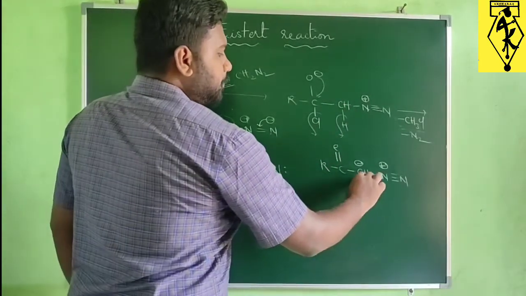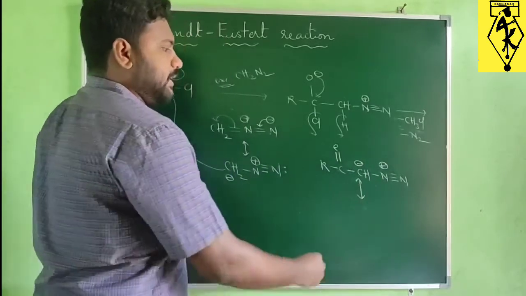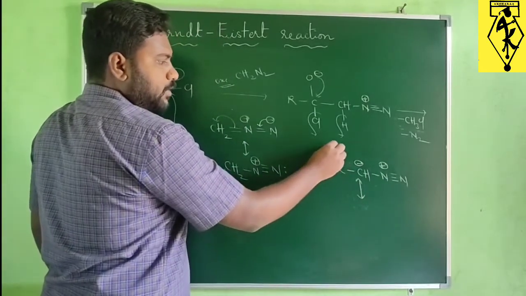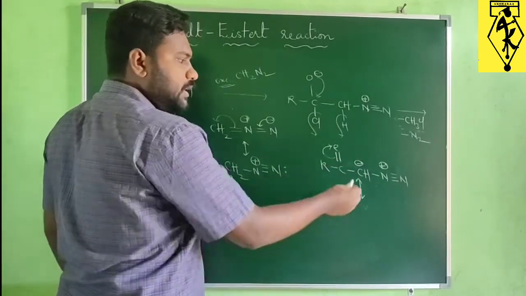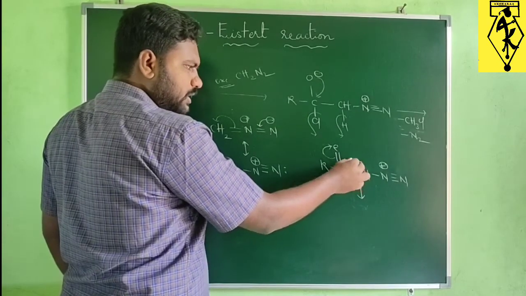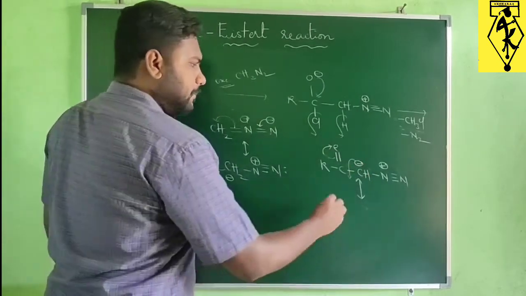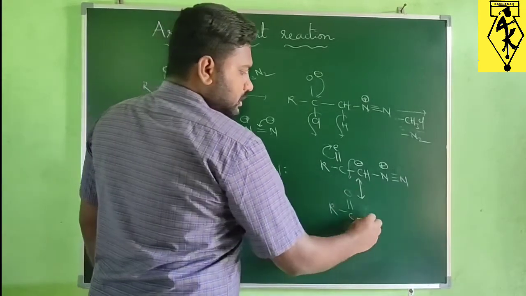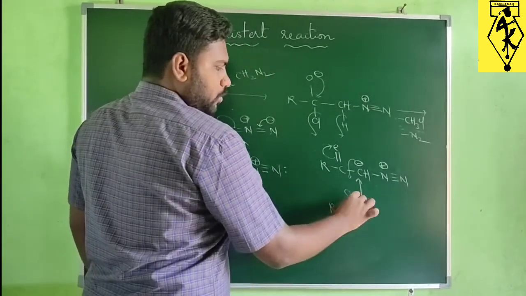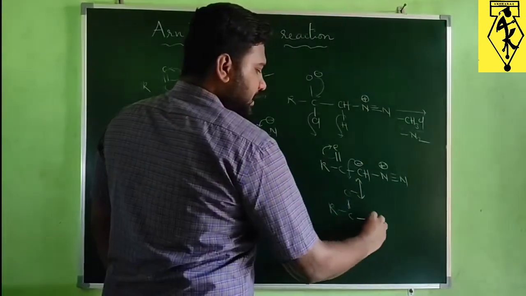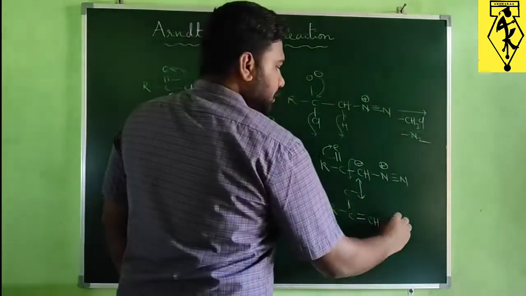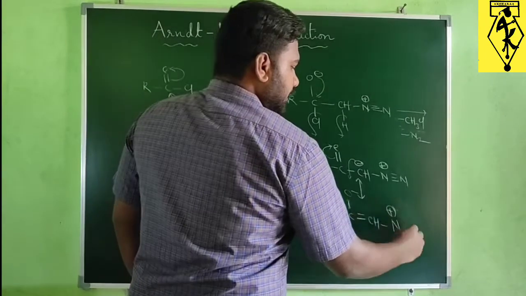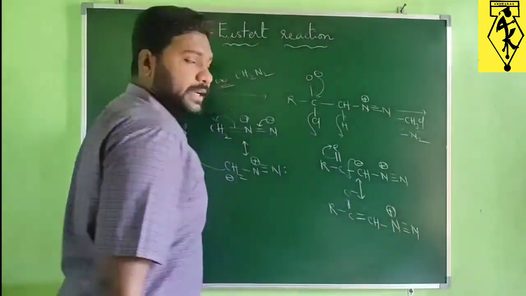In the next step, due to some rearrangement, again this pi bond will move towards oxygen, and this negative charge will come back. CO minus and CH double bond, here minus N plus triple bond N.